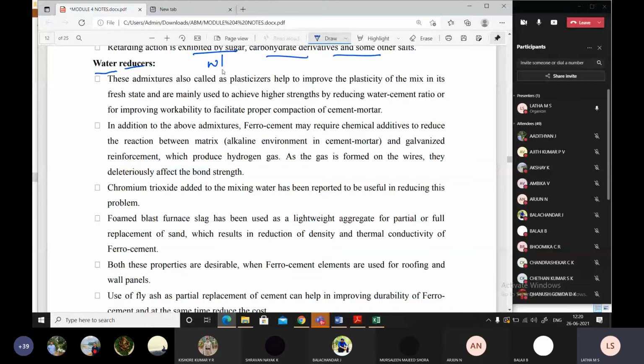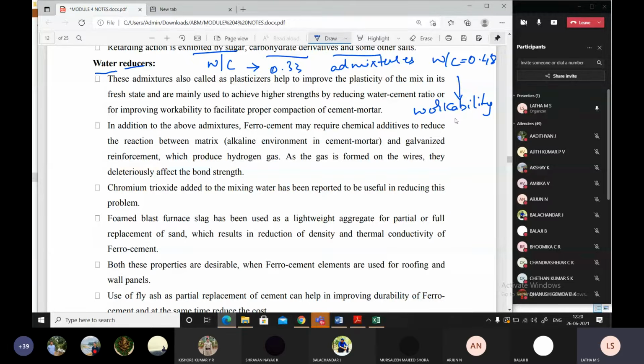According to the calculation of water cement ratio, you are supposed to add 0.33, but due to the addition of admixtures and retarders, you may have to increase the water cement ratio to somewhere around 0.48. What happens in that case? The workability decreases.